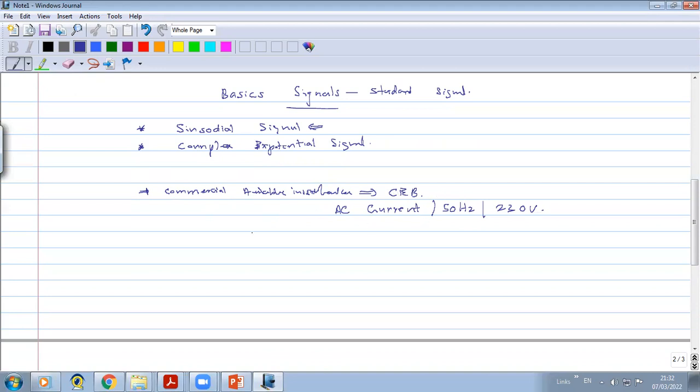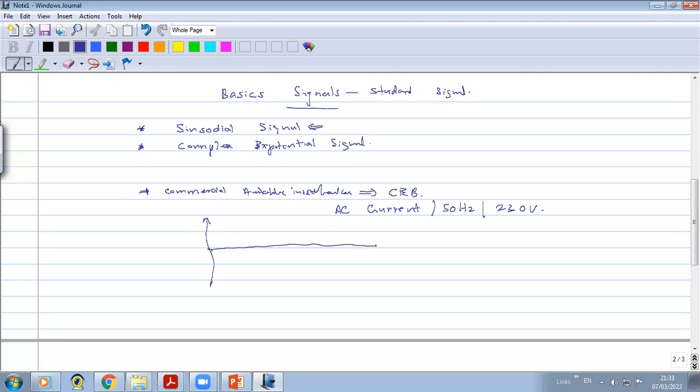The AC means alternating current. That means the polarity of the voltage is changing. We call this type of current or voltage a sinusoidal signal. So this is one example.